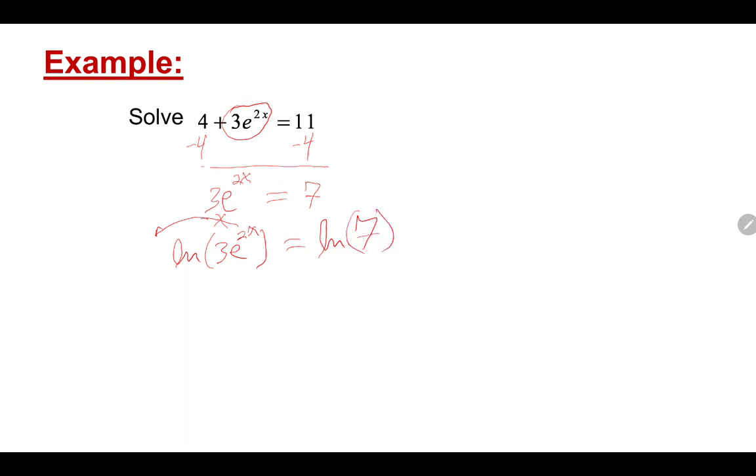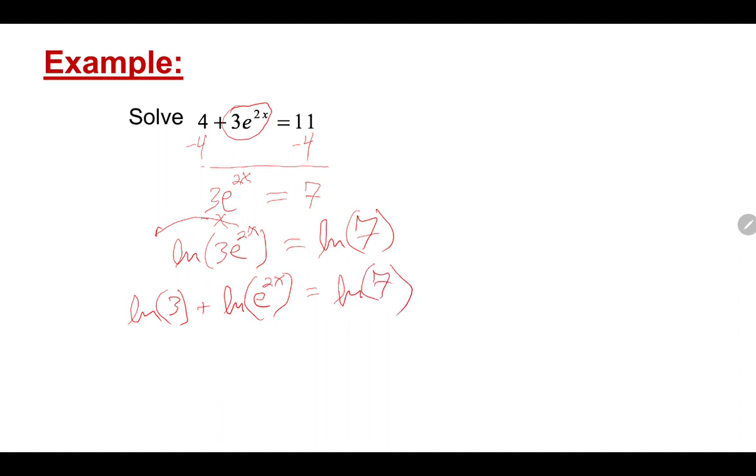All right. We learned that we can expand, and so that's what we're going to do. It's 3 times e to the 2x, so I'm going to go ahead and separate that as ln of 3 plus ln of e to the 2x is equal to ln of 7.